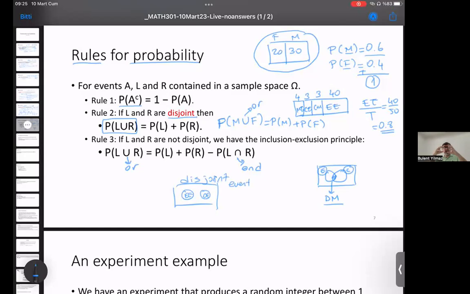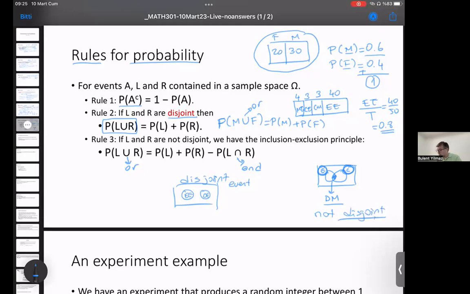But if there is a double major student, like this is electrical engineering students, this is computer engineering students, and there are some double major students, then this is not disjoint. They are not ayrık. They have some overlap, some common elements.